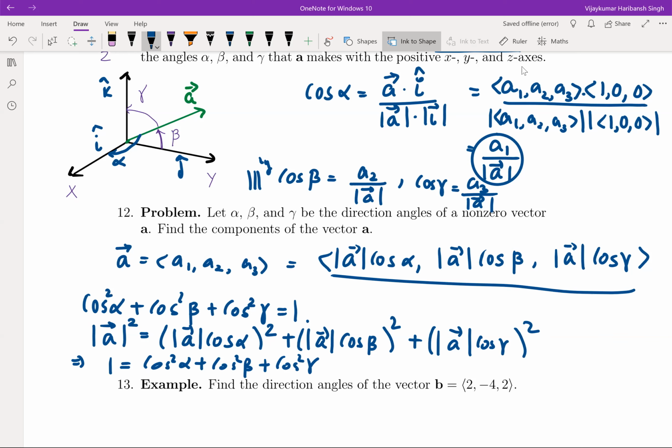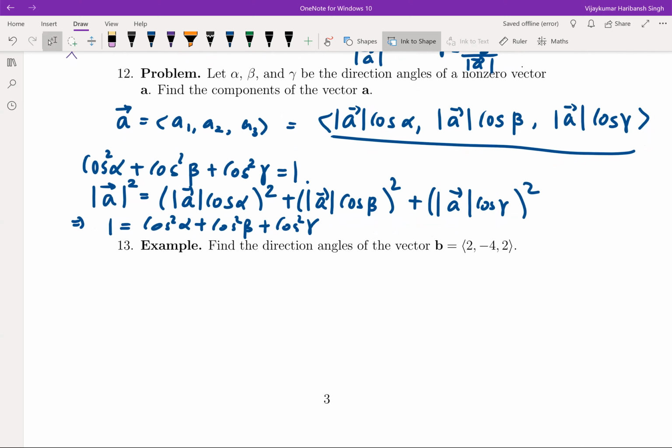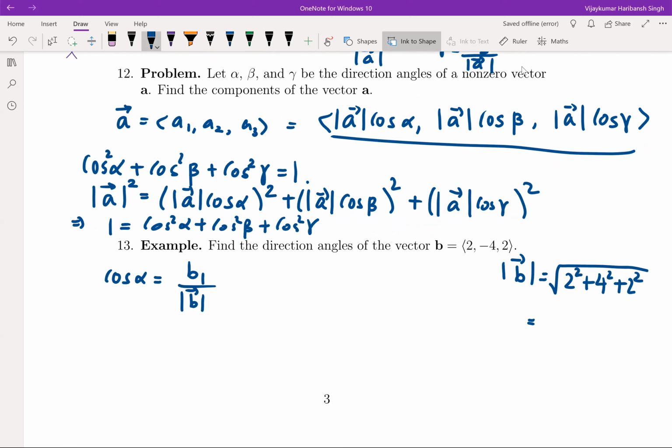So let's look at the following. Find the direction angles of vector B, which is this. So in this case, let's start with cos alpha, which is B1 upon length of B. So let's compute length of B. So length of B is going to be square root of 2 square plus 4 square plus 2 square. So this is going to be 4 plus 16, 20, plus 4 is 24.